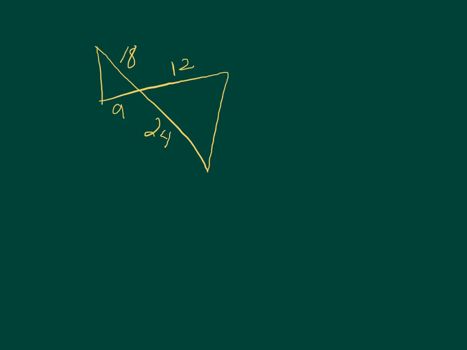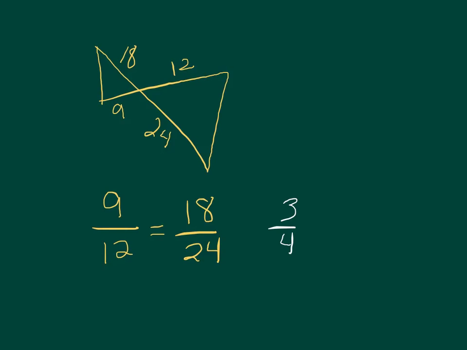Well, we could write the proportionality statement and see. So, 9 is to 12 as 18 is to 24. And are they the same? Sure, because if I reduce these down, I get 3/4 for both of them.